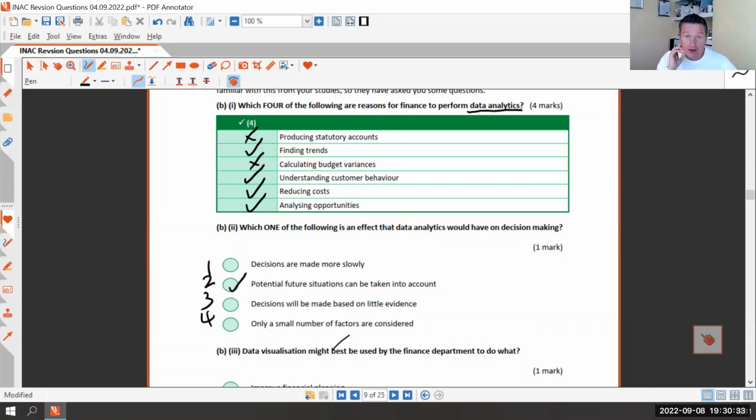Next one, decisions based on little evidence. This is not true. You can use loads and loads of evidence. The more evidence, the better. It gives you a lot more accurate figure. So if you had, say, 10 people in your data set, and one of them does something weird, that skews 10% of your data set.